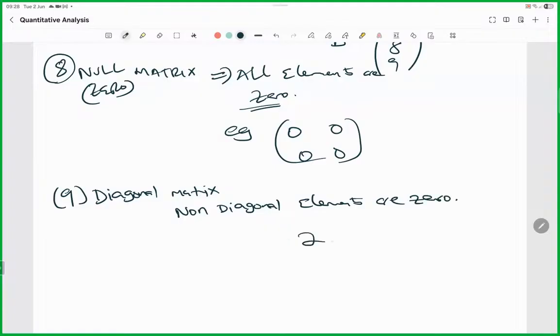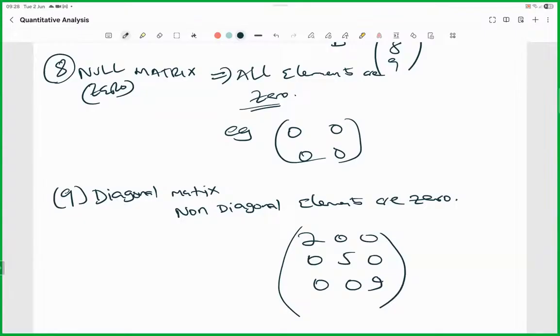Like, for example, if you have 2, 0, 0, then 0, 5, 0, and 0, 0, 9. This one cannot be a scalar because for a scalar, it's 2, 2, 2, 2. These are different, but you can see the non-diagonal elements, all of them are 0. It will be very important for you to be able to appreciate that.